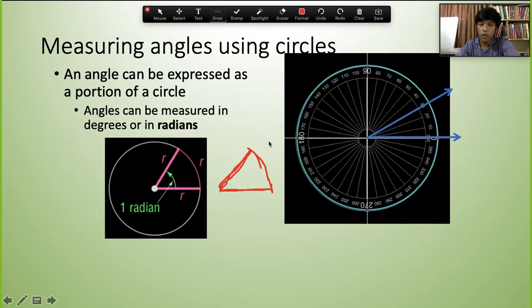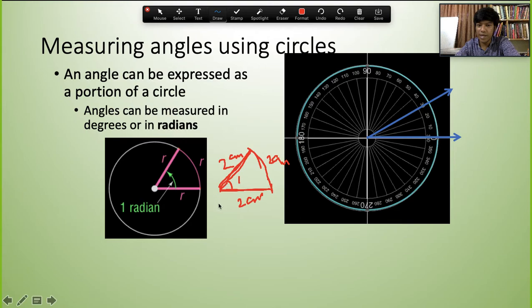I'm just saying where the radian came from. This is 2 cm here, 2 centimeter here, and this is also 2 centimeter. This is the curve. Then the angle subtended at the center here is called 1 radian.